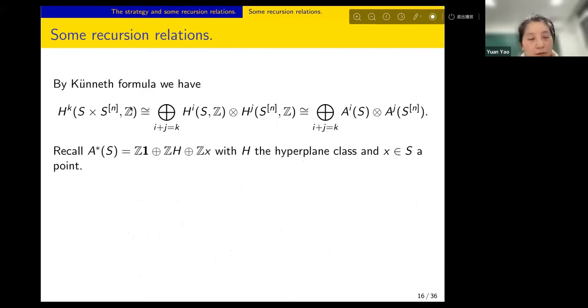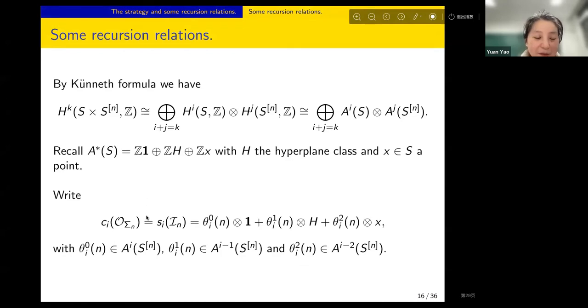Okay, so now all we have to do is to compute. The computation is a bit complicated. At first we have the Künneth formula, standard. Now since S is P2, you have this decomposition, right? And we have all these Chern classes for this universal family.